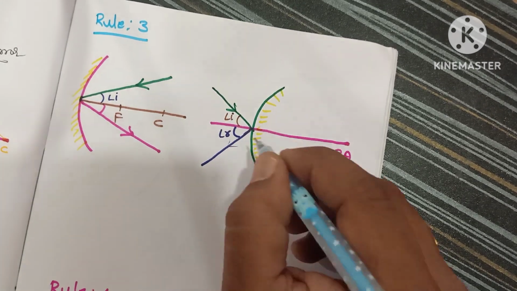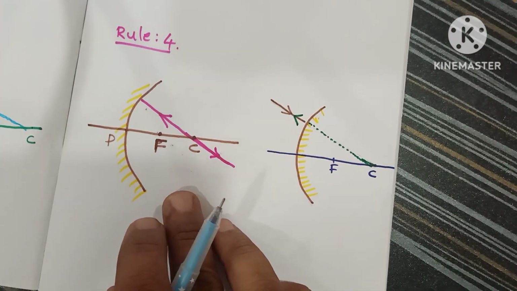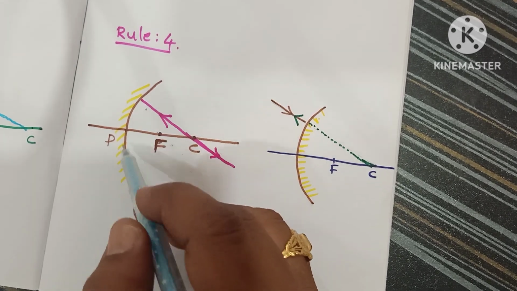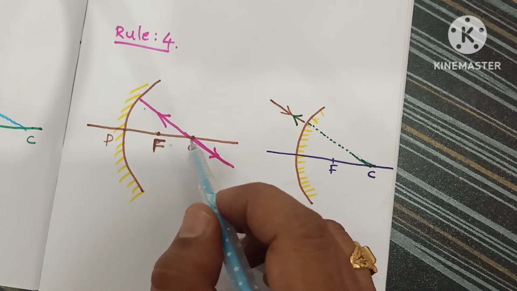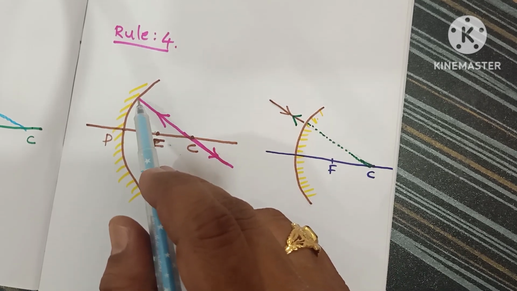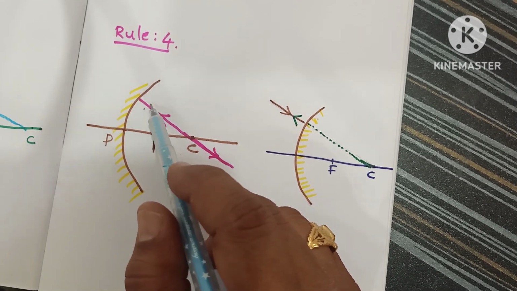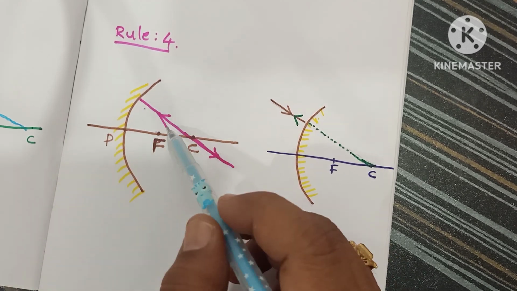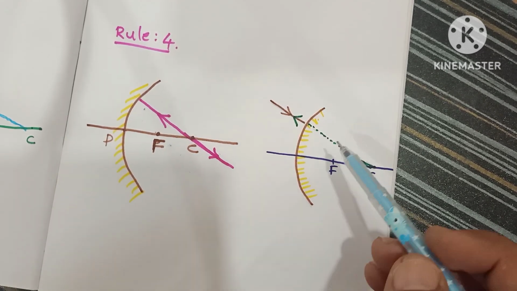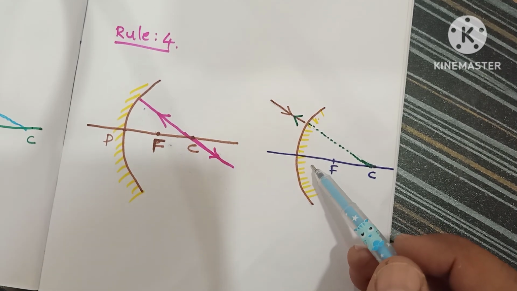Now this is rule 4. In the case of a concave mirror, if any ray passes through the center of curvature and is incident on the mirror, then it retraces the same path, because the normal is also on the same line, and the same holds in the case of a convex mirror.